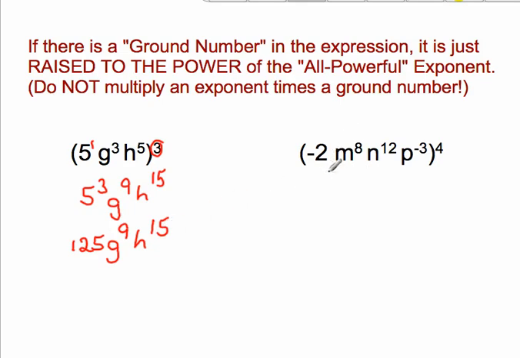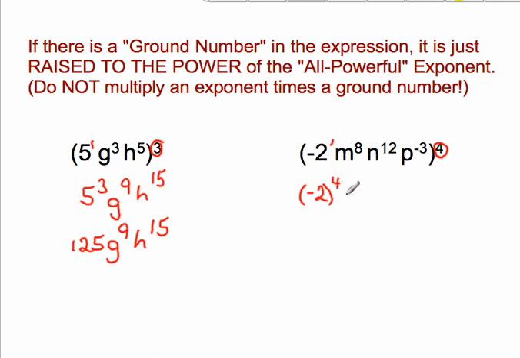Alright, so let's take a look at this next one. Negative 2, m to the 8th, n to the 12th, p to the negative 3rd, all of that raised to the 4th power. So the first thing being raised to this 4th power is this negative 2. Now since this negative 2 is in parentheses, we're going to have to leave it in parentheses because both the negative sign and the 2 are going to be raised to the 4th power.